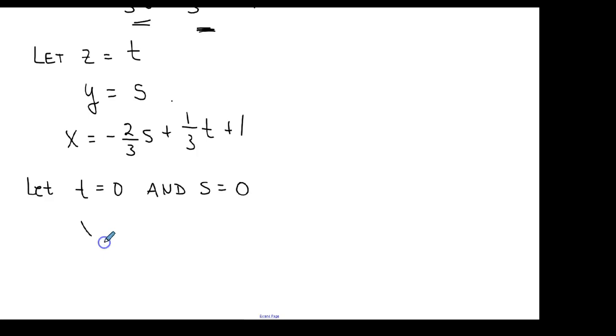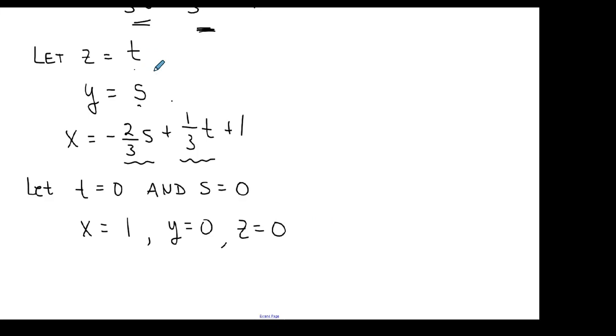Then that would mean x is 1 because negative 2/3 times 0 is 0 and 1/3 times 0 is 0, so that only leaves you with 1. And then of course y would be 0 if s is 0, and z would be 0 because we let t equal 0.